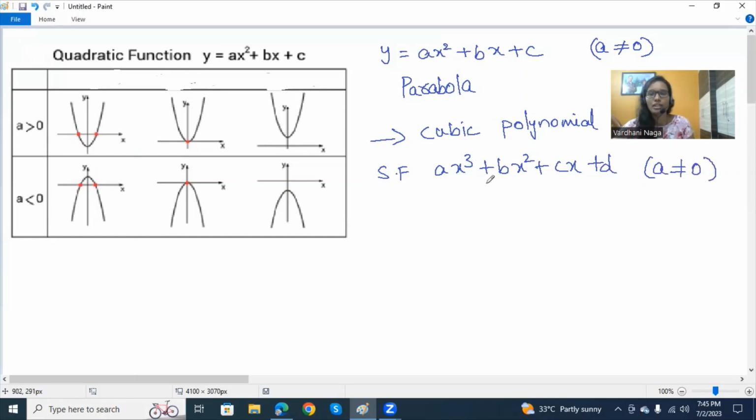Here a, b, c, d are four real coefficients. A cubic polynomial will have at most three zeros, whereas a quadratic has at most two zeros.